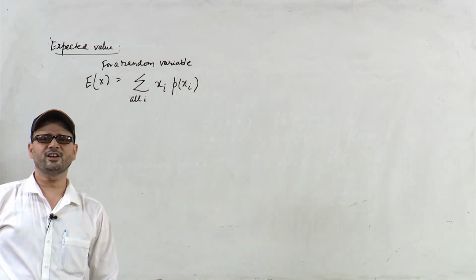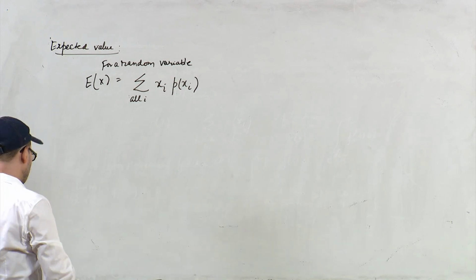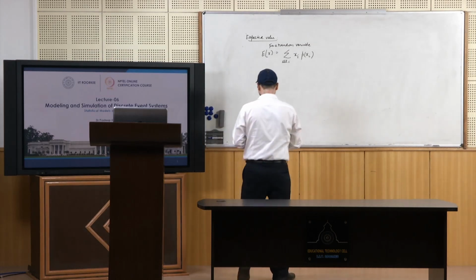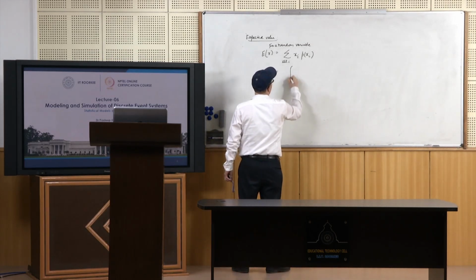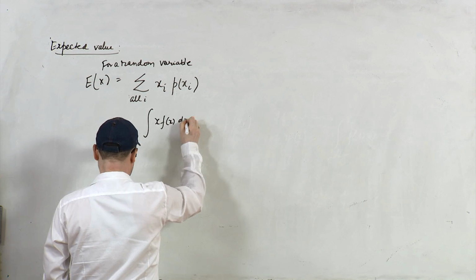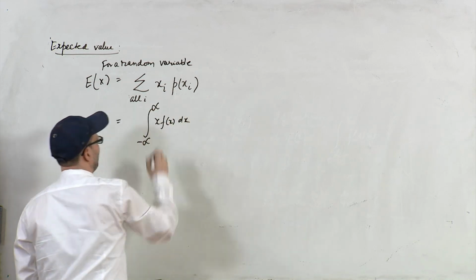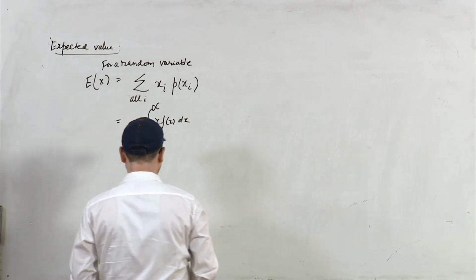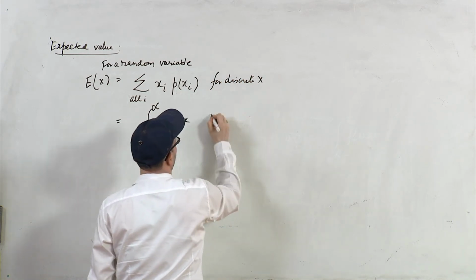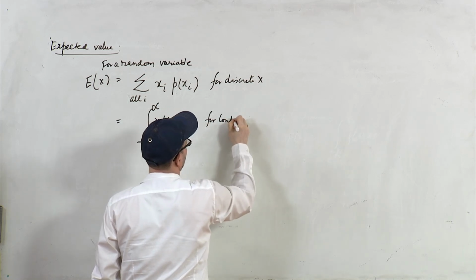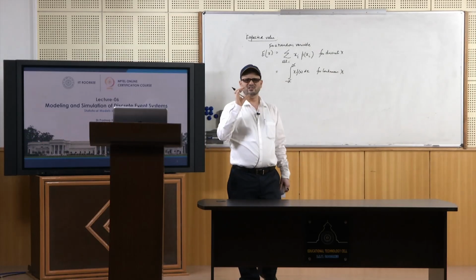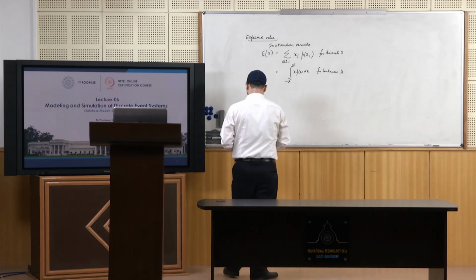So, for a discrete random variable, you will have the expectation, that is summation of x_i into p(x_i), or you will have the integral of x f(x) dx from minus infinity to plus infinity. This is for the continuous random variable. So, this is for discrete x, and this is for continuous x. This is nothing but the mean of the values.